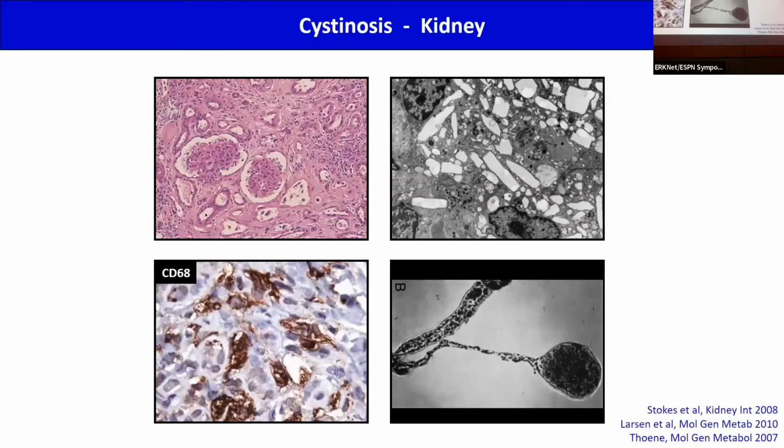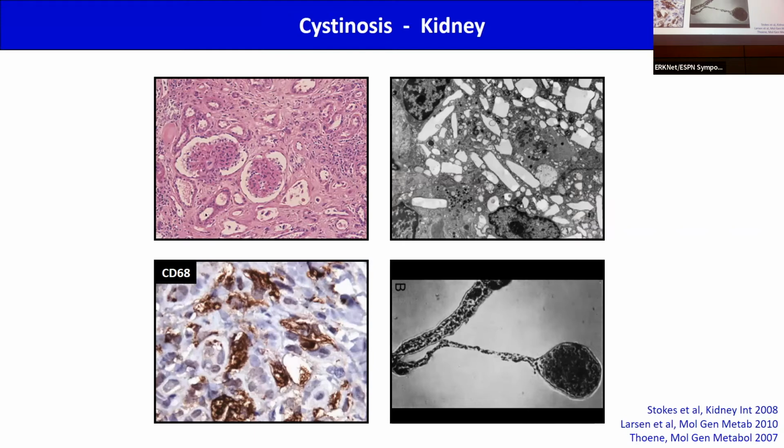I sort of classify them, but obviously there are overlaps. So the first one is inflammation. When you look at a biopsy of a patient with cystinosis, one striking thing is that in this interstitial fibrosis you will see a number of crystals.